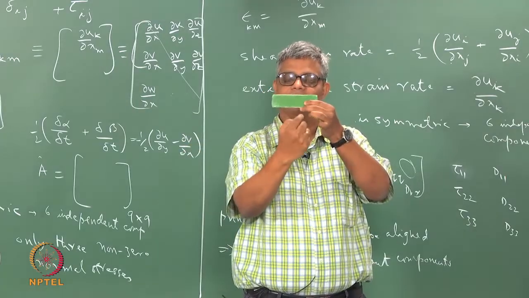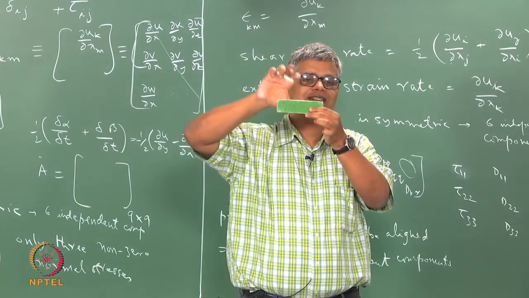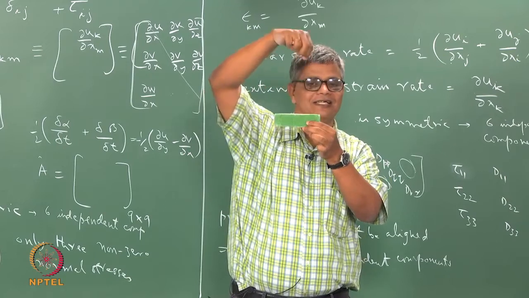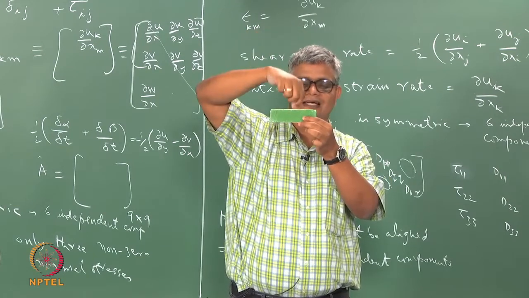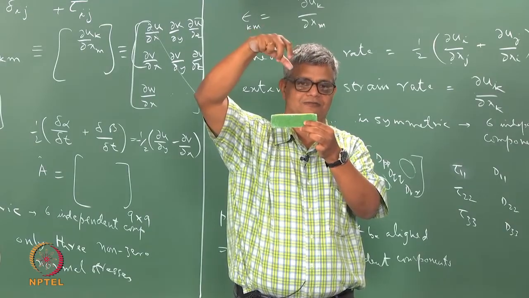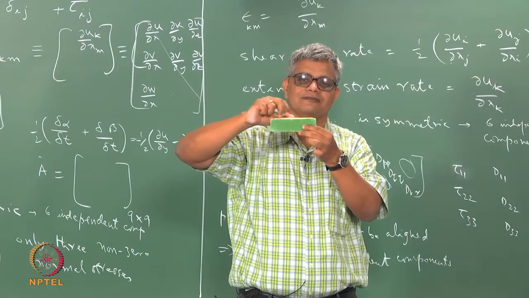The contraction along this side, the z direction, must be the same as the contraction in the y direction. And similarly, if you now apply the stress in this direction, along the direction in which you applied the stress you have a certain extension, stretching, and in the other two directions there is a small contraction.